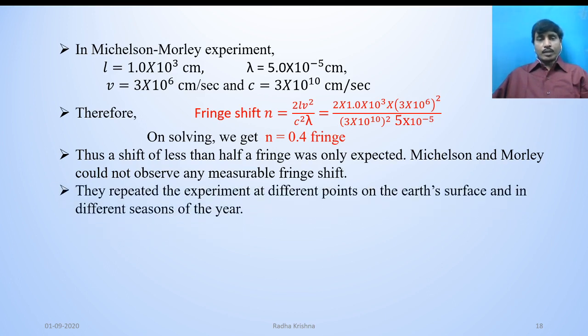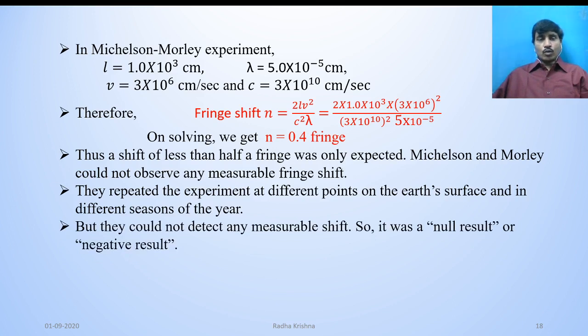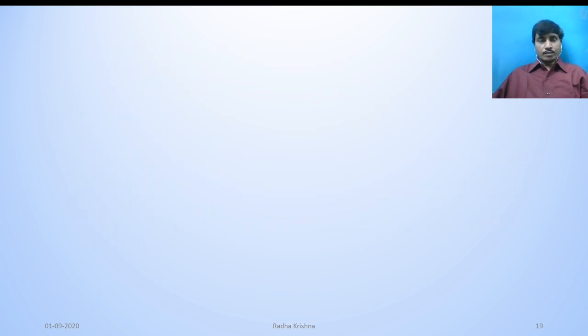They repeated the experiment at different points on the Earth's surface and in different seasons of the year, but they could not detect any measurable shift. So, it was a null result or a negative result. Explanation of negative result.